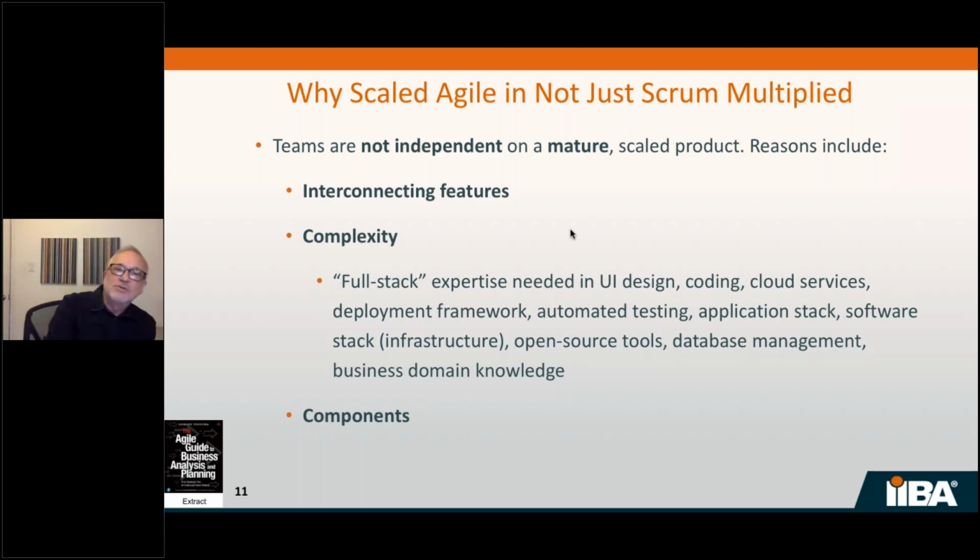The second issue has to do with the complexity of the software itself, and even of the business rules behind it. When we're talking about a self-sufficient team, that would mean a lot of expertise. Think about all the different layers of software. You've got a UI layer. There's coding in various languages that are required, quite a few, usually for a typical product.